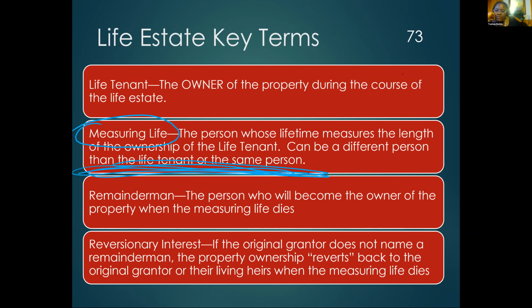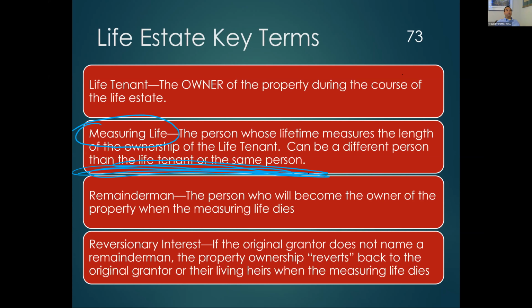It goes right back to me. Living or dead, it comes back to me. If I'm alive, I get it back. If I'm not, who gets it? Your heirs. That's why it's called a reversionary interest. It reverts back to where it started.